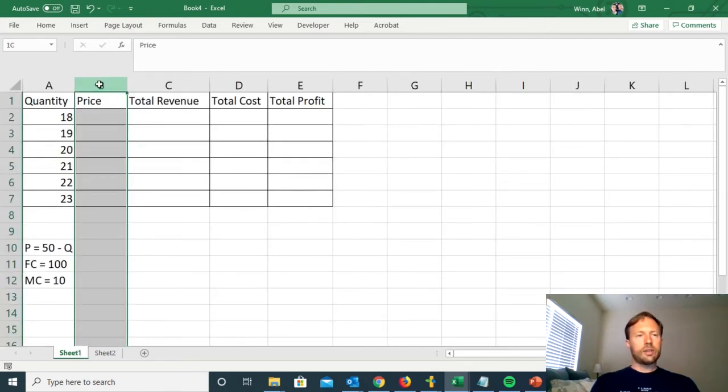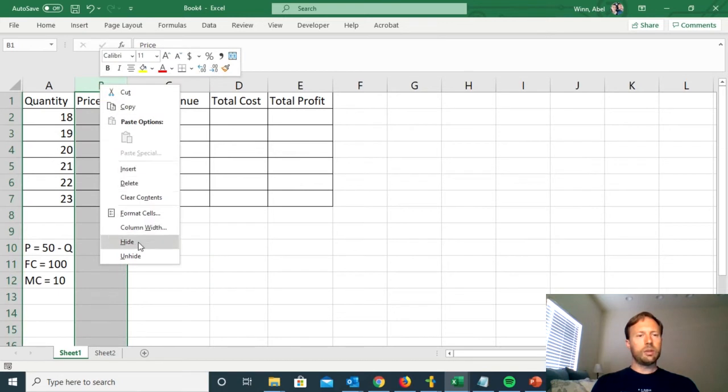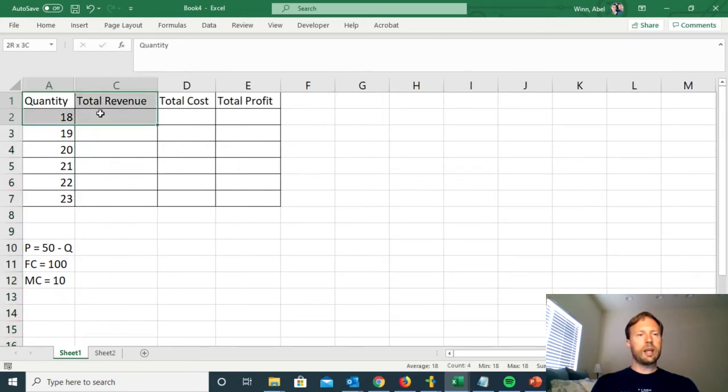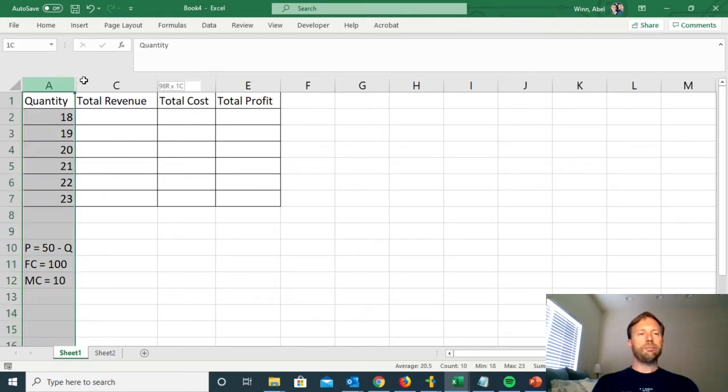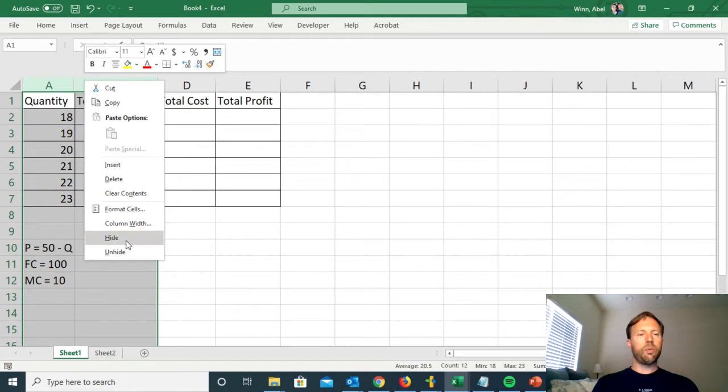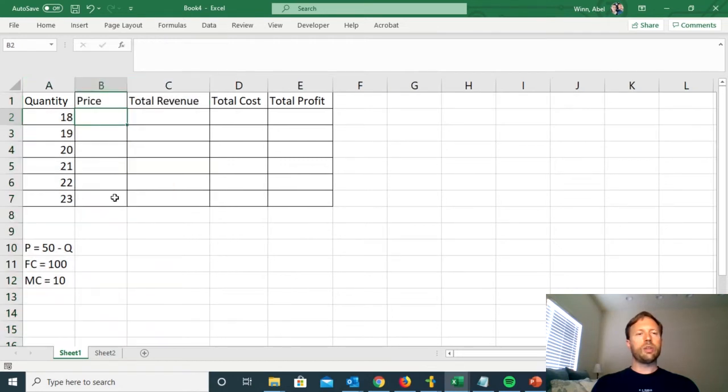Okay. So let's go through this. They ask us to fill out a table. The table looks like this. It's got quantity from 18 to 23, total revenue, total cost, total profit. Remember that total revenue is equal to price times quantity. So there are a couple of ways you could do this. You could say, all right, I'm going to calculate the price for each unit, which I know to be 50 minus the quantity.